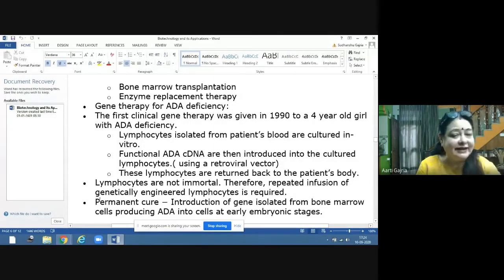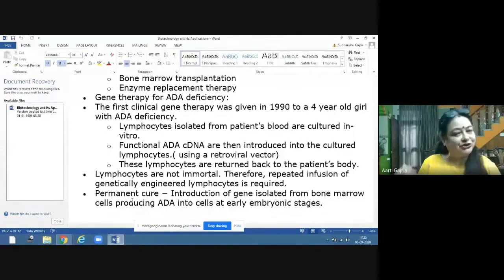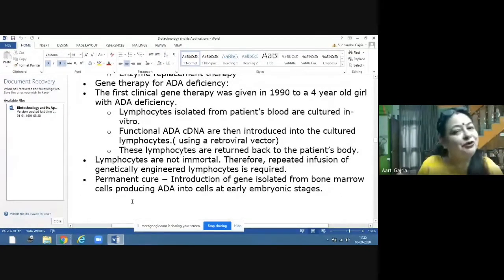Now once the gene was incorporated inside, these lymphocytes were returned back to the patient's body. Now what happened? The patient's body responded and the immunity improved. But these lymphocytes are not immortal.